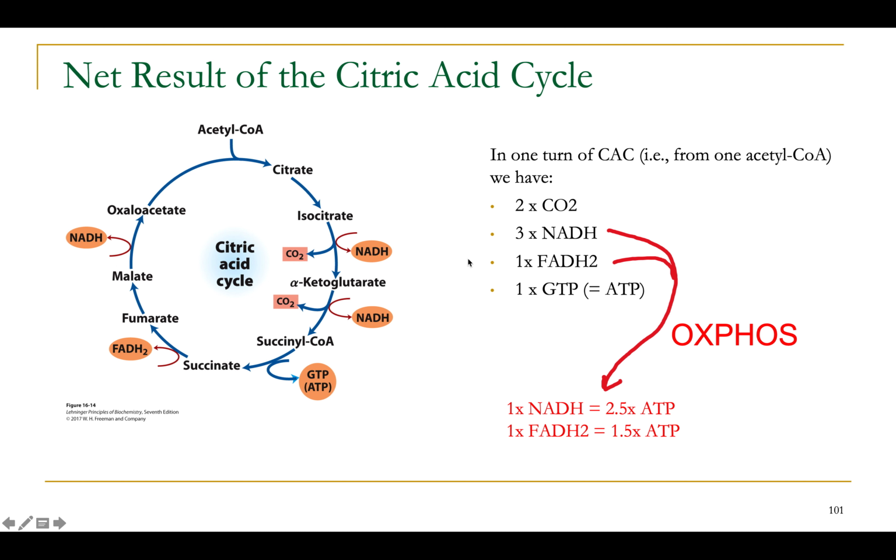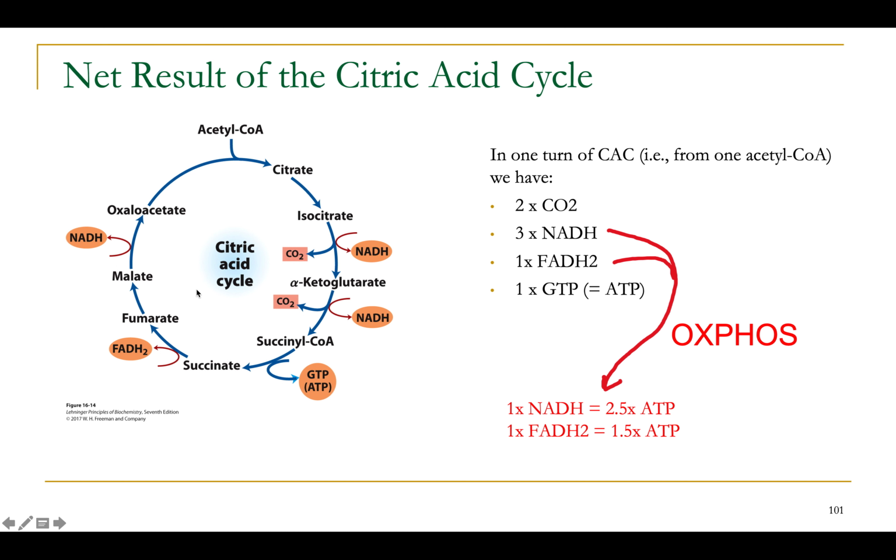However, the real ATP generating power of the tricarboxylic acid cycle and previous acetyl-CoA generating steps is in the production of these reduced equivalents, the reduced forms of the electron transport carrier.